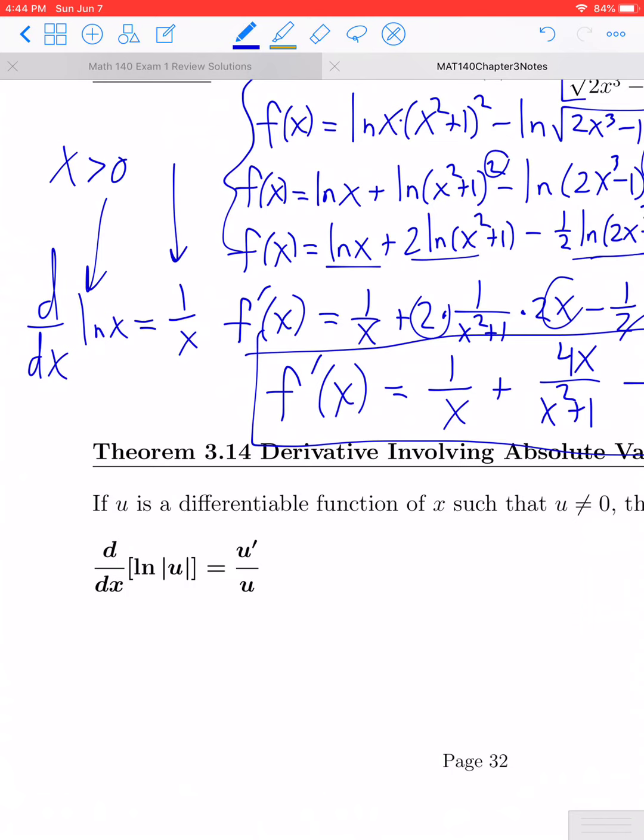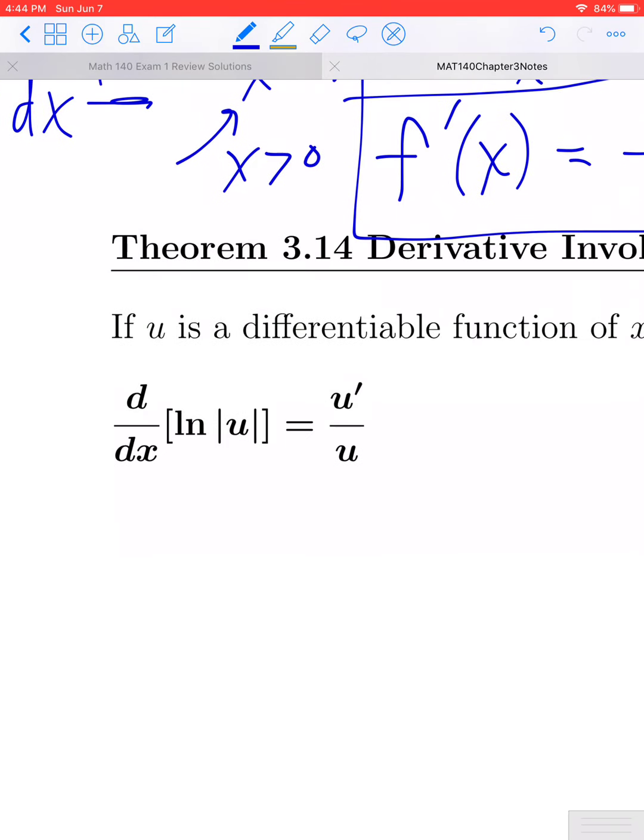But since this is where the ln is defined, we take its derivative to also be defined on x greater than 0. You can expand this domain and make it a little bit larger if you put an absolute value on the inside. The domain of the absolute value of x would just be all x's that are different from 0.